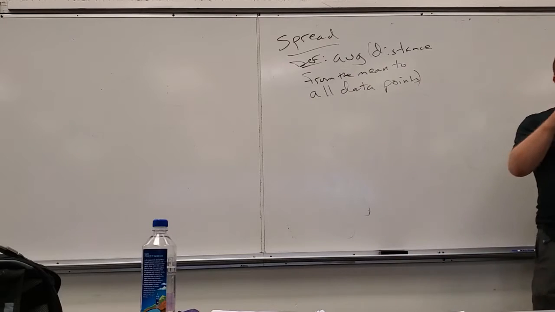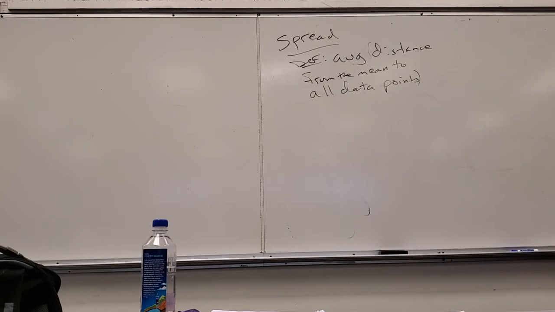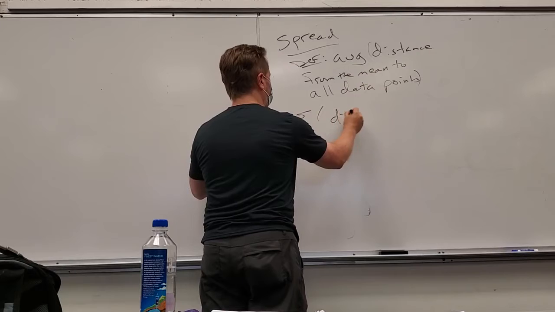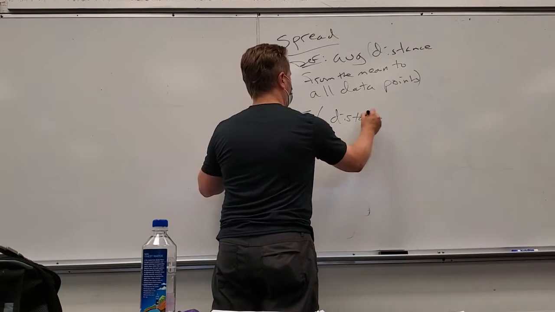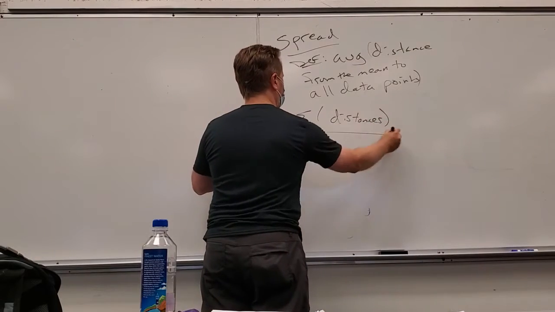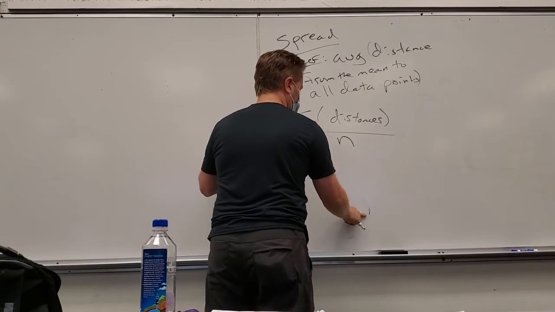Which means I need a list of distances from the mean to the data points. I really want this to make a lot of sense because that's how we know how to calculate an average. It's the sum of stuff divided by how many there are.